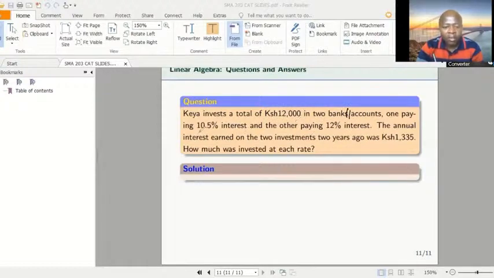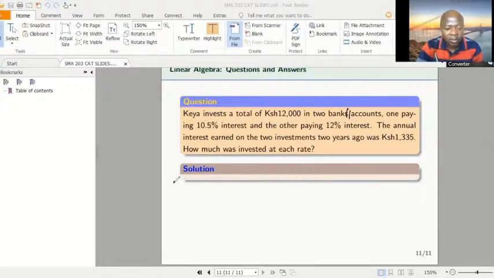One of the bank accounts pays an interest of 10.5%, and another one pays an interest of 12%. So 2 years ago, this person got a total interest of 1335 Kenya shillings. So how much was invested at each?